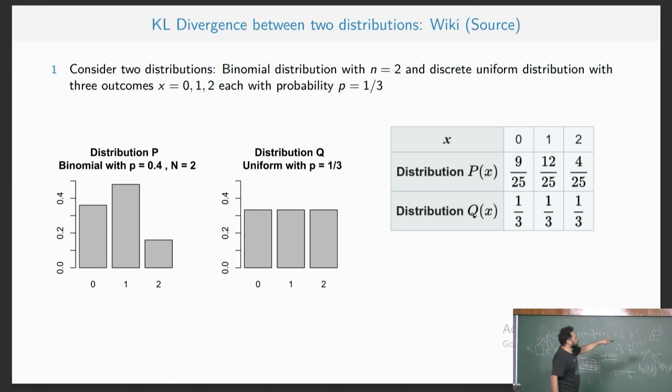The other one is a uniform distribution with outcomes 0, 1, 2, and since it's uniform, the probability values are all the same for each outcome. So this is 1 over 3, 1 over 3, 1 over 3, and this is the binomial distribution we have, 0, 1, 2, right?